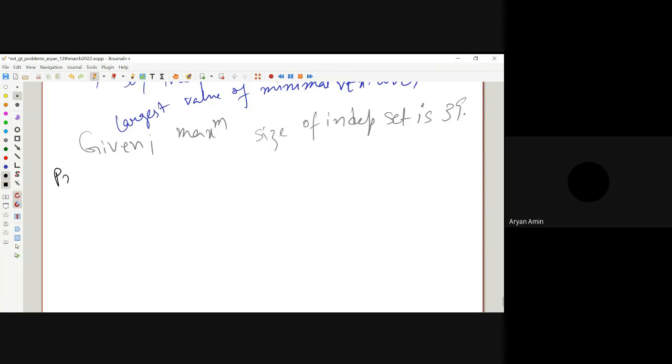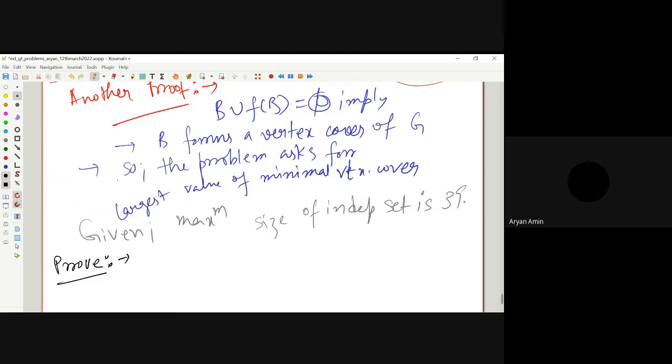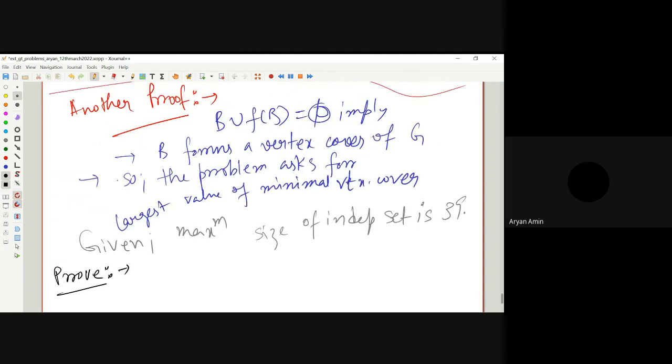So now how to prove this? I'll assume no one has questions since no one is asking, and I'll just go over it again. We understand that B forms a vertex cover of G by the condition.